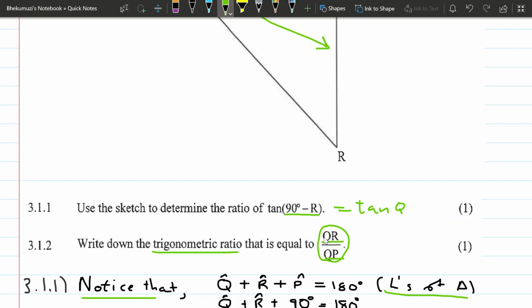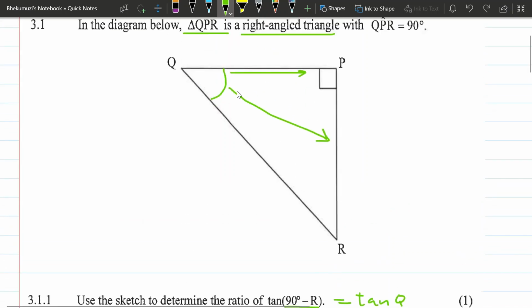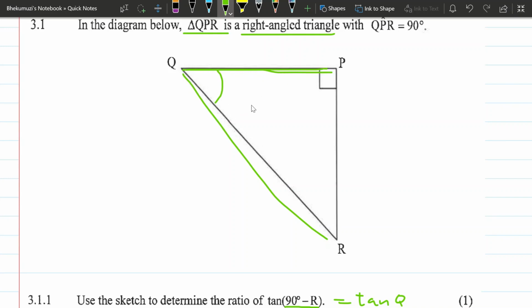So which one is QR and QP in this case? If you notice, there's QP and there is QR. If you think of it, you could say this angle here has the adjacent side QP and the hypotenuse QR. And remember, how can we see that QR is the hypotenuse? It is always directly opposite the 90-degree angle.